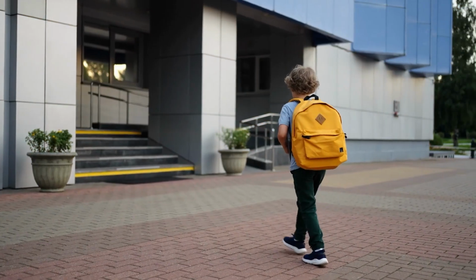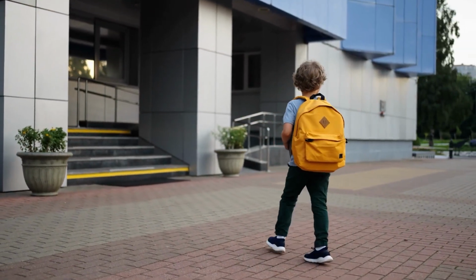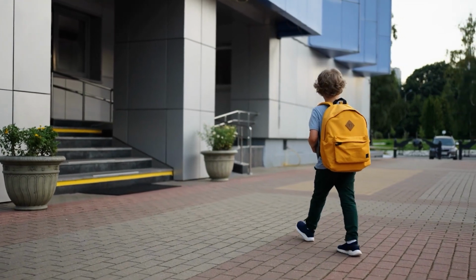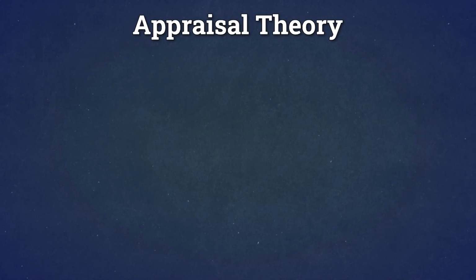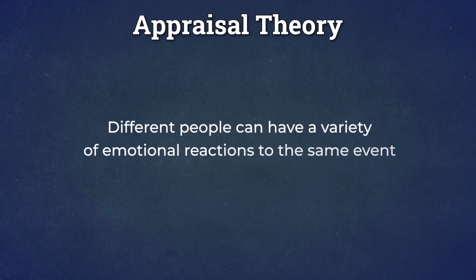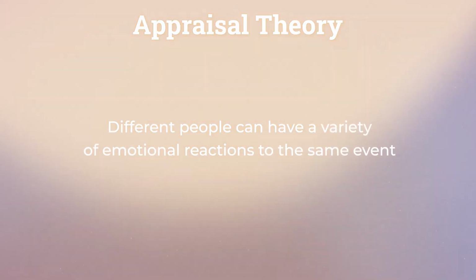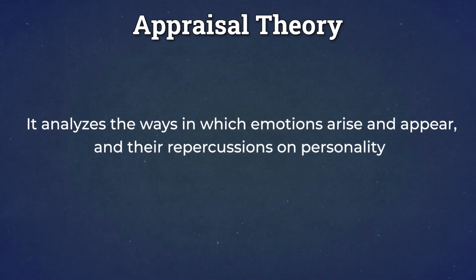For example, a child who loves school will get involved in education even once she becomes an adult. An important aspect of this theory is that it nods to the fact that different people can have a variety of emotional reactions to the same event. It analyzes the ways in which emotions arise and appear, and their repercussions on personality.